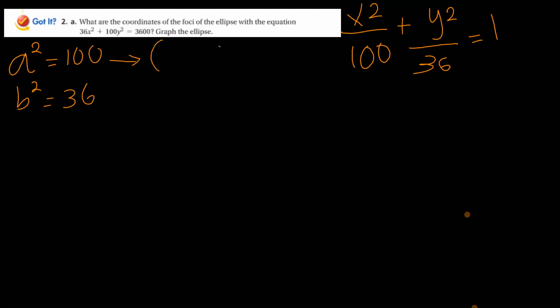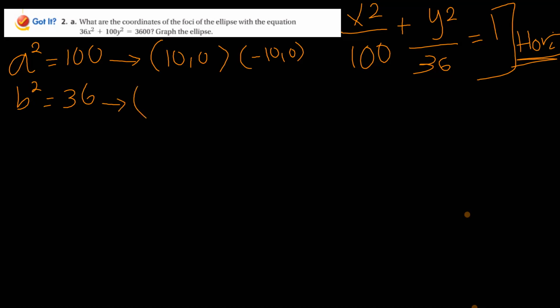The coordinates of the vertices will be (10, 0) and (negative 10, 0), because here I'm talking about a horizontal ellipse, which means the value of a will be on the x coordinate. Now, b squared is 36, so the value of b, which is 6, will be on the y coordinate: (0, negative 6) and (0, 6). So now I have the coordinates of the vertices and the co-vertices.